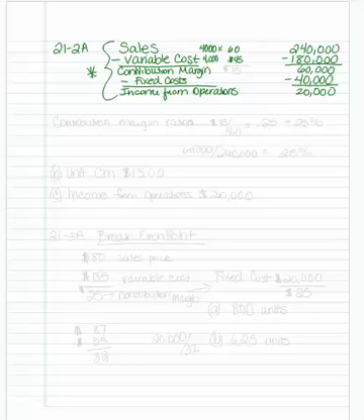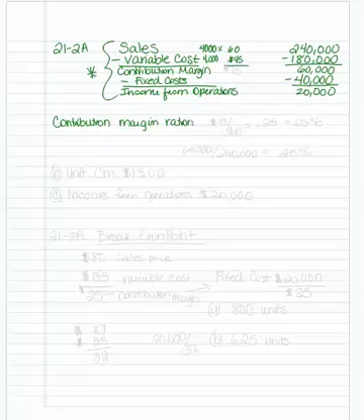So part A says determine the contribution margin ratio. Well, for every item you sell, you're going to sell it for $60, and your variable cost, which means cost per unit, is $45.